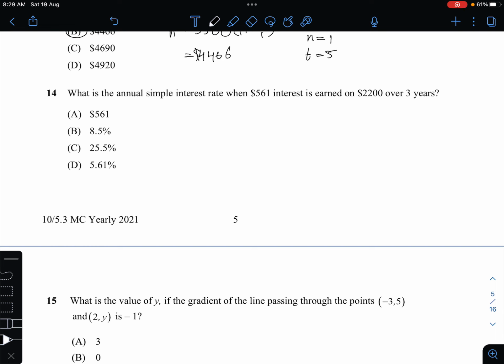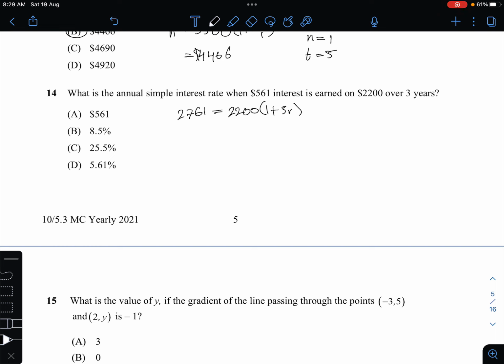So our answer, which is 2,200 plus 561, 2,761, is equivalent to our original 2,200 times 1 plus 3 times our interest rate, right?